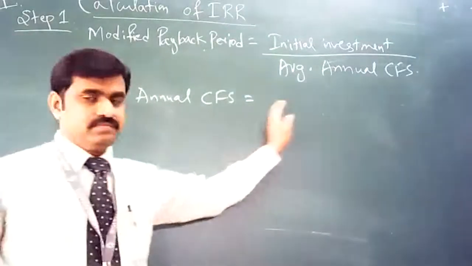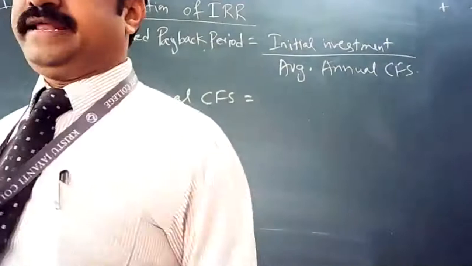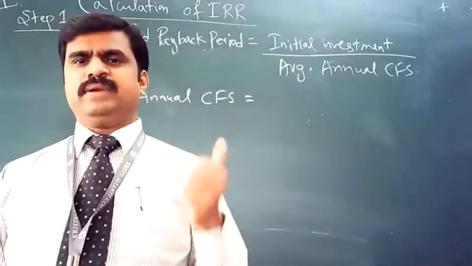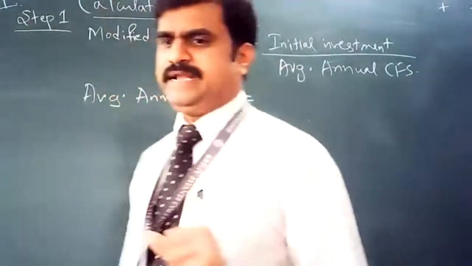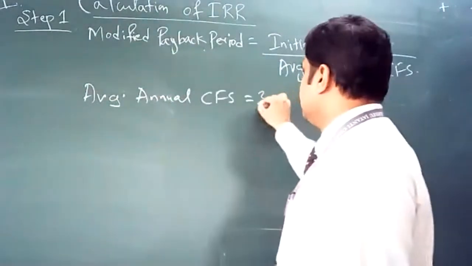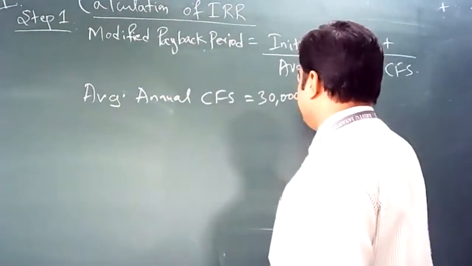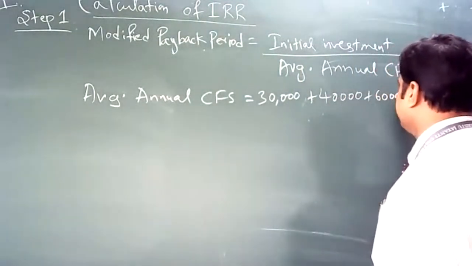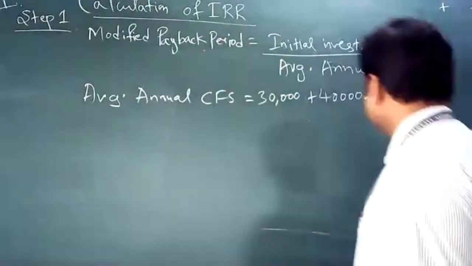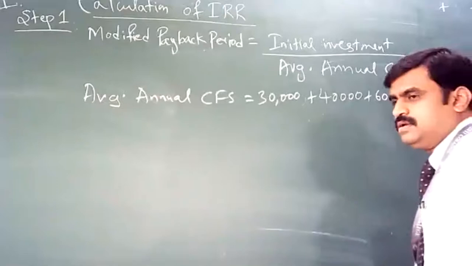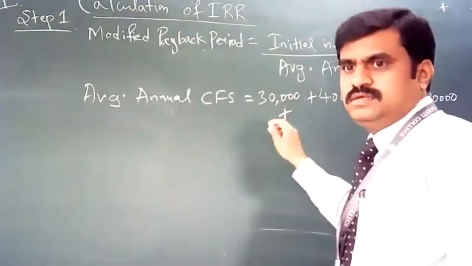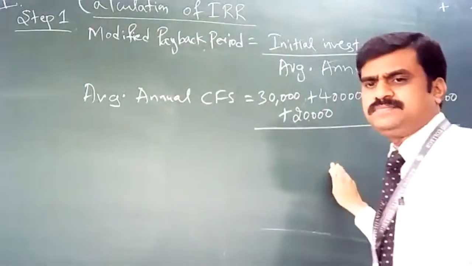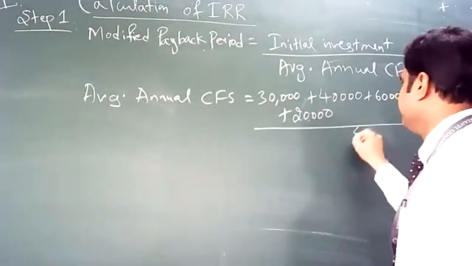Add all the cash flows of the 5 years. First year 30,000, plus 40,000, plus 60,000, plus 30,000, plus 20,000. Add all that, how much are you getting? That is 1,80,000. Then divide by 5, why 5?